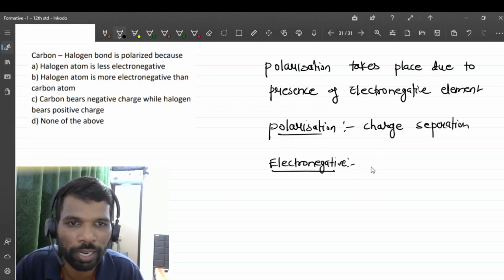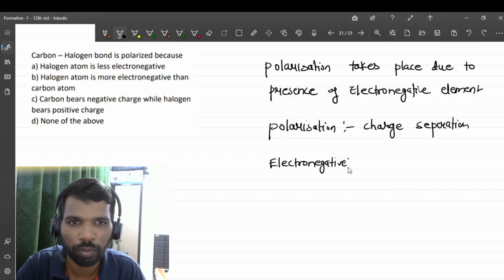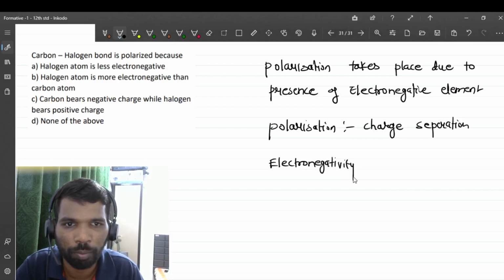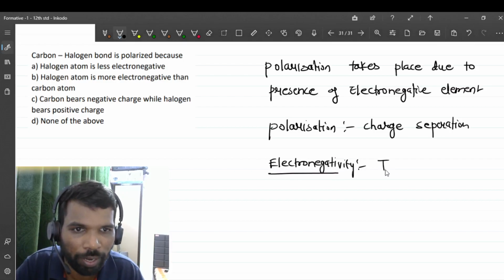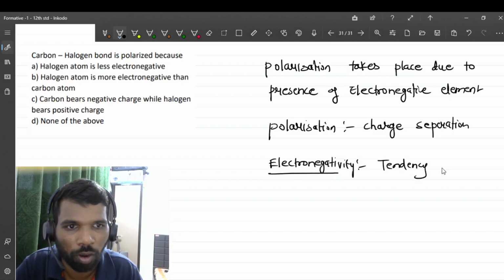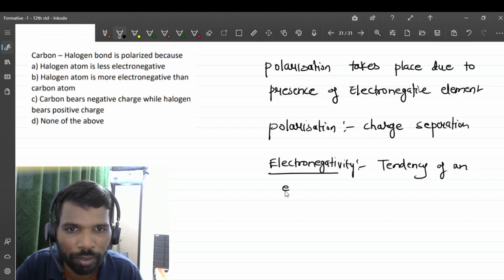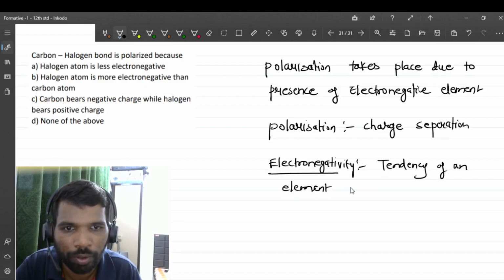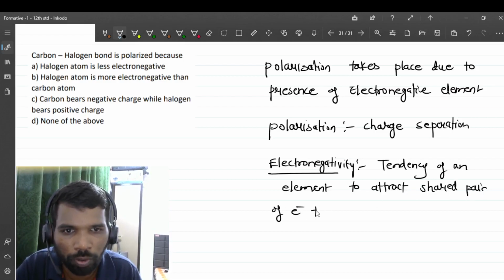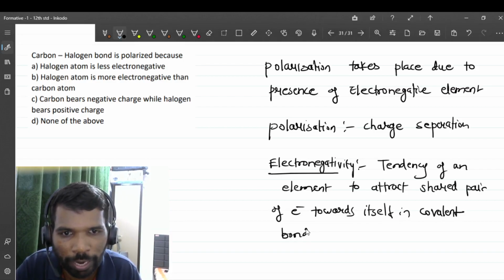Electronegativity means the tendency of an element to attract the shared pair of electrons towards itself in a covalent bond. This is what electronegativity is.